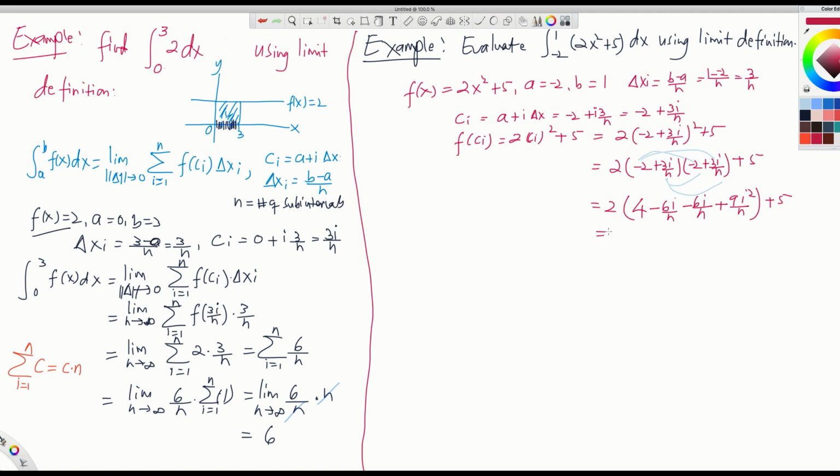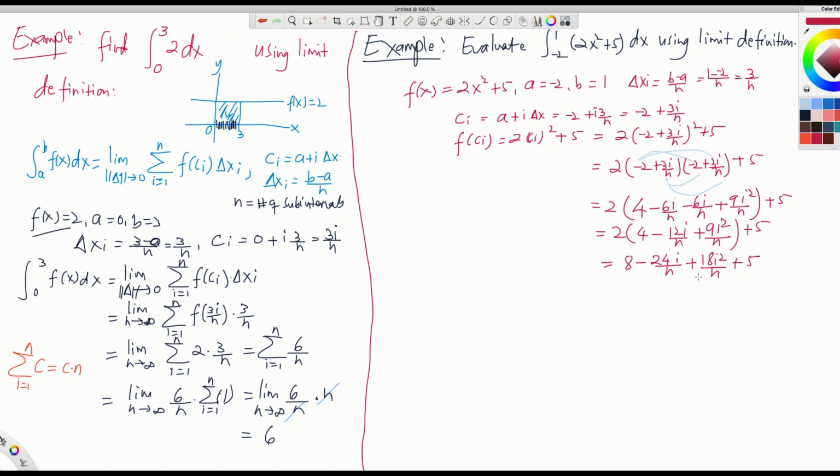So 2 times 4 minus 6i over n minus 6i over n, which will be 12i over n, then plus 9i squared over n squared, and then plus 5 is still there. The simplified form will be 2 times 4 is 8, minus 24i over n, plus 18i squared over n squared, plus 5.